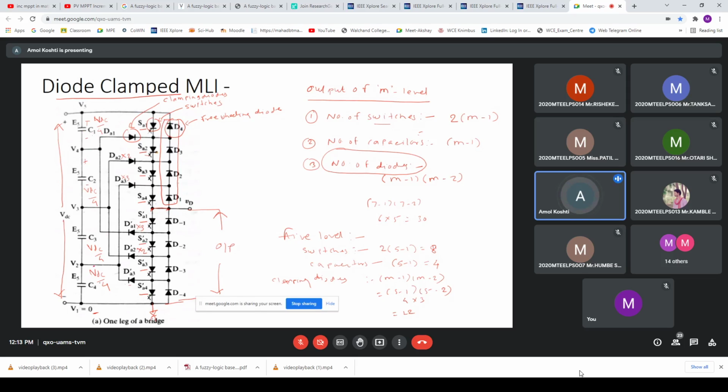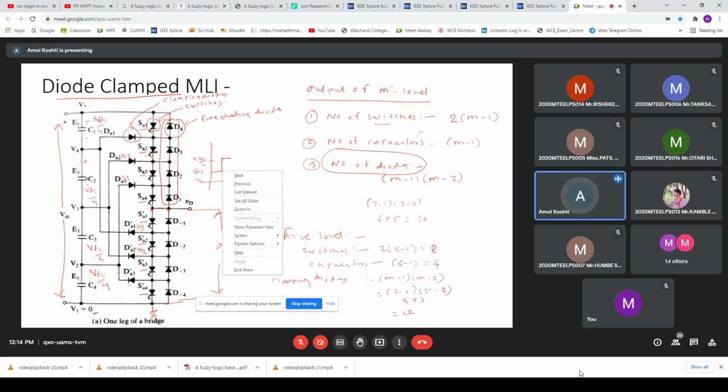Now what we have to do is take this VDC sequentially into the circuit and produce the output. First we take VDC by 4, then we take one more VDC by 4 plus VDC by 4, total 2 VDC by 4. So from this point we are shifting to this point.